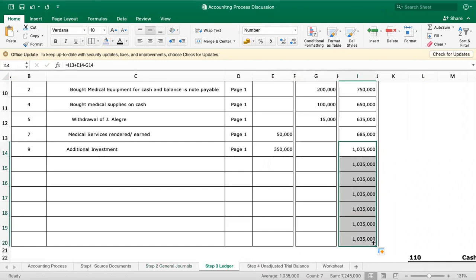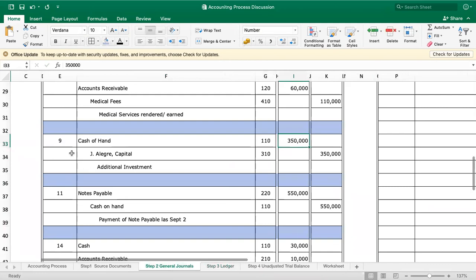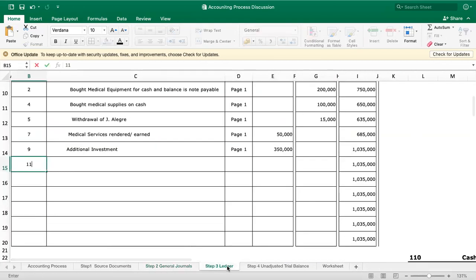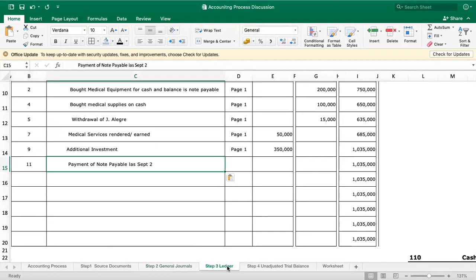Okay, this already has a formula. So next, let's find the next transaction that affects your cash. We are done with September 9. On September 11, there is again cash on hand. The explanation is payment of the note payable. We paid our debt here. So that's September 11, payment of the note.